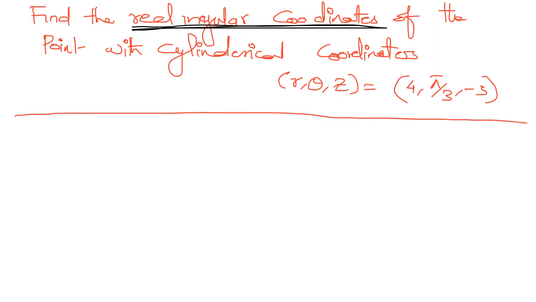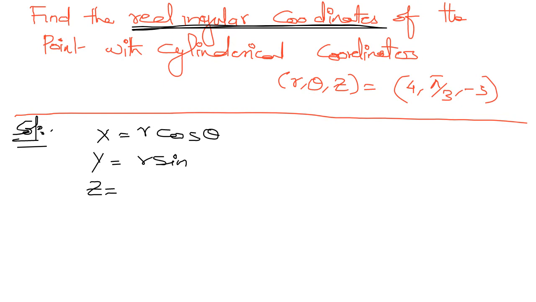You have to find x, y and z. The formula is r cosine of theta, r sine of theta, and z equals z. In this case, this is r, this is theta and this is z.